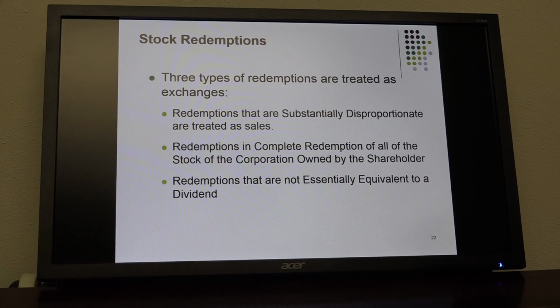And then last but not least, the shareholder must agree to notify the IRS if they do acquire what they call a prohibited interest, which is having an interest in the corporation.